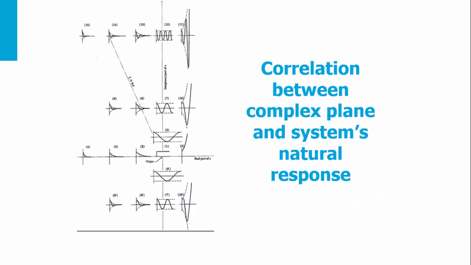Now, remember also that there is a correlation between the complex plane and the system natural response. If you represent the real part of the solution and the imaginary part of the solution, on the right hand side the damping is higher than 0, so it is undamped and the motion will increase.